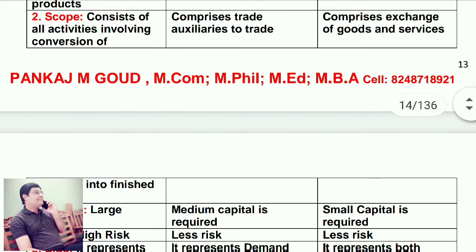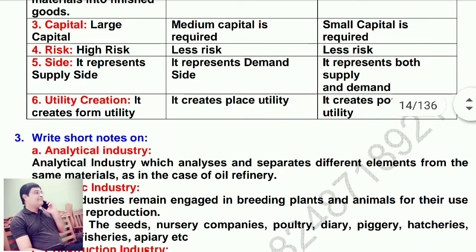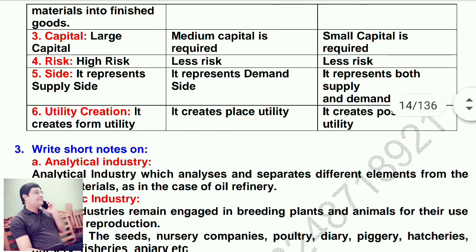Second point, scope. Industry consists of all activities involving conversion of materials into finished goods. Commerce comprises trade and auxiliaries to trade. Trade comprises exchange of goods and services. Next, capital.